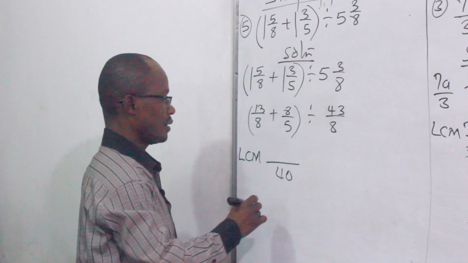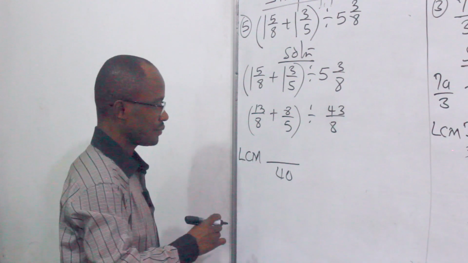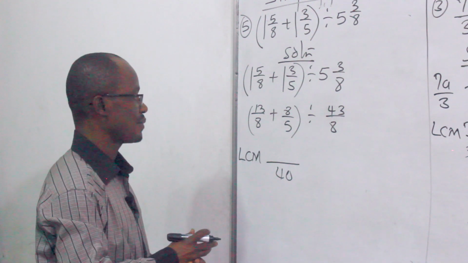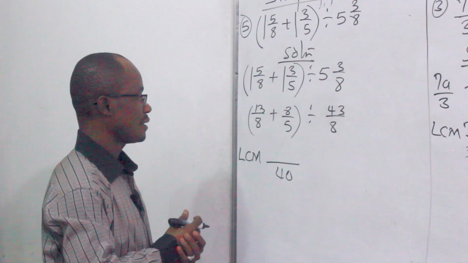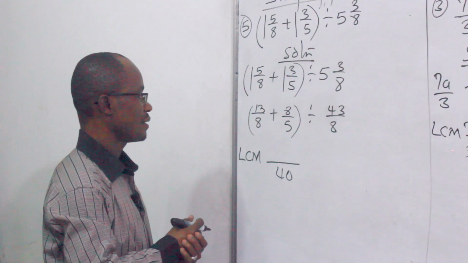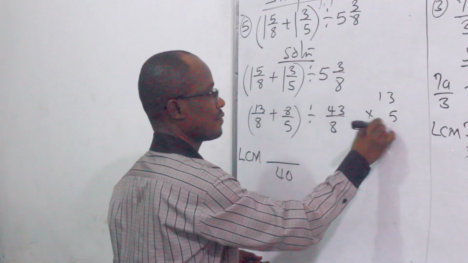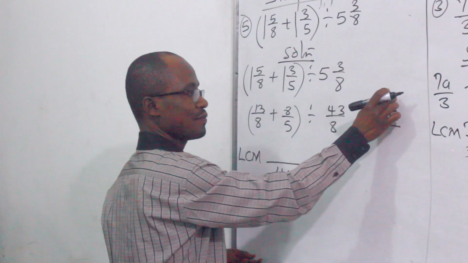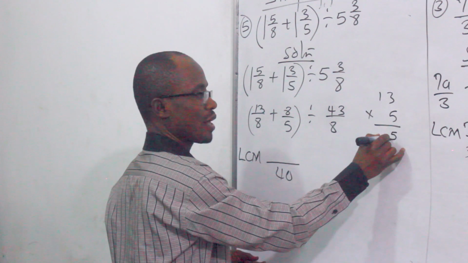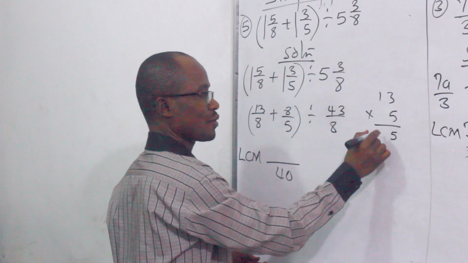40, 8 into 40, it goes 5 times. Then 5 times 13. You have 13 times 5. This says 5 times 3, 15. 5 carry 1. 5 times 1, 5 plus 1, 6.